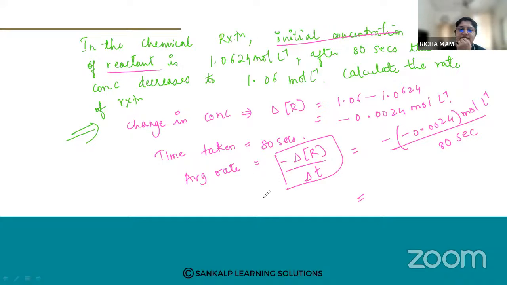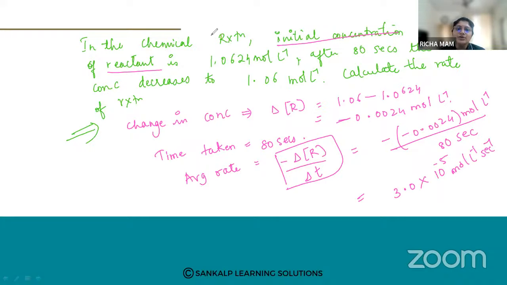How much are you getting? So it will be 3 into 10 raised to minus 5 mole per liter per second.